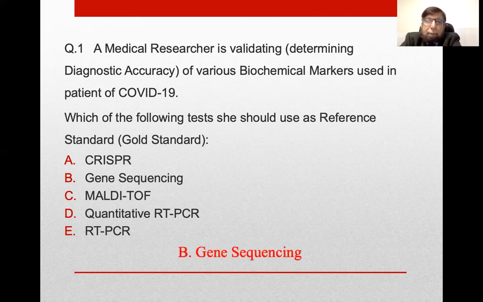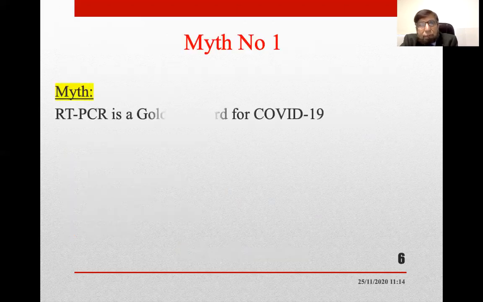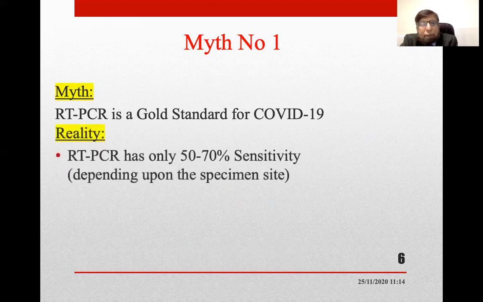Please remember, RT-PCR, which we are currently using, which is a qualitative PCR, is not the gold standard for COVID-19. So the first myth is that RT-PCR is a gold standard for COVID-19. It's not true. In reality, RT-PCR has only 50 to 70% sensitivity, depending on the specimen site.